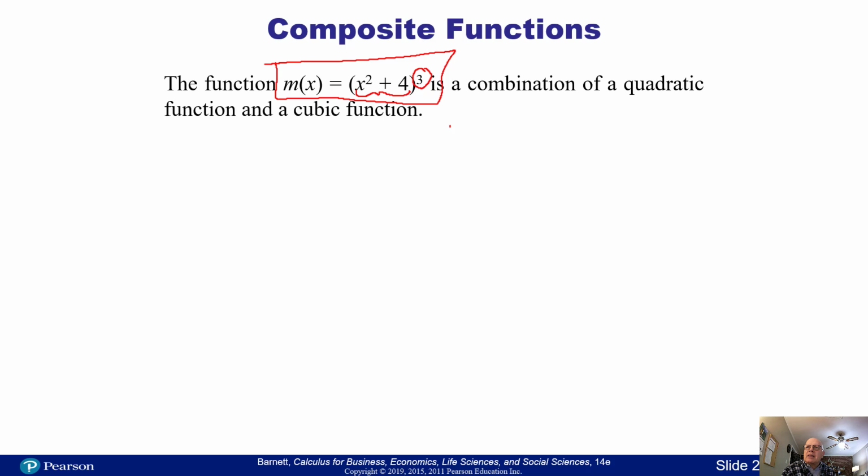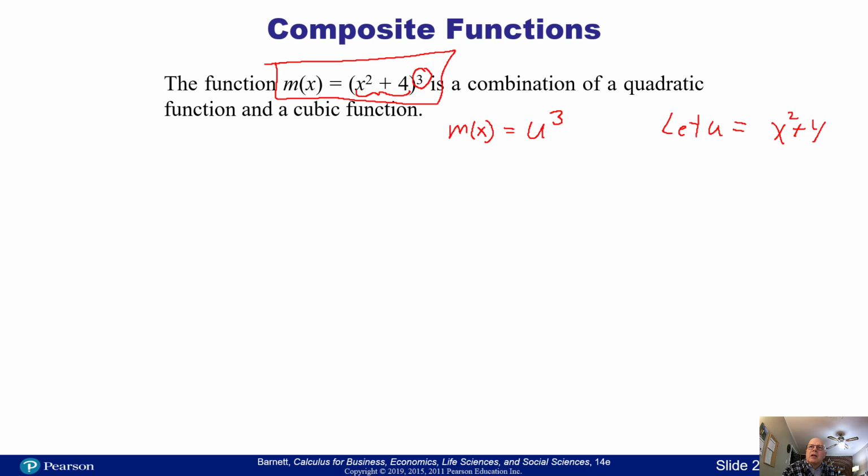Remember, you can rewrite this as long as you let u be the inside function, x squared plus 4, then we can rewrite m of x as u cubed. It makes things a little bit simpler.